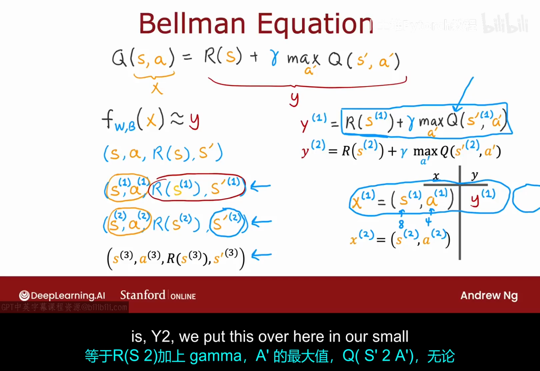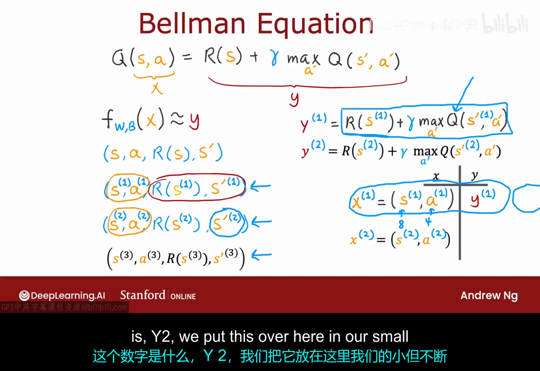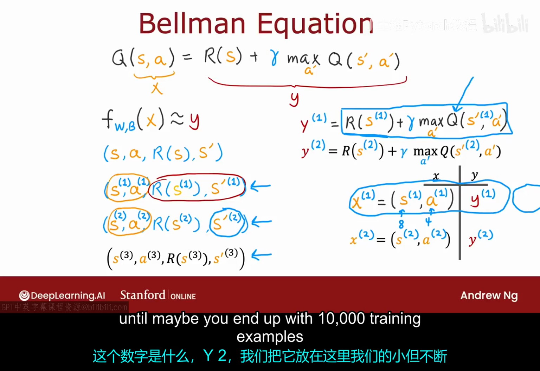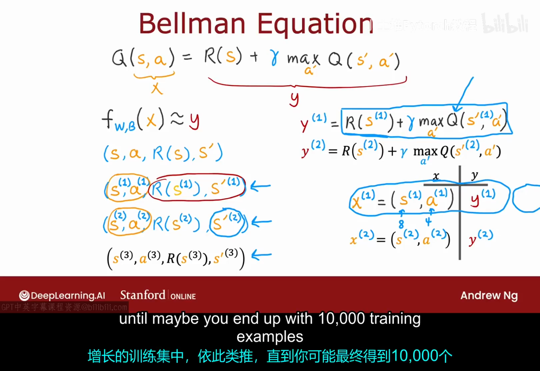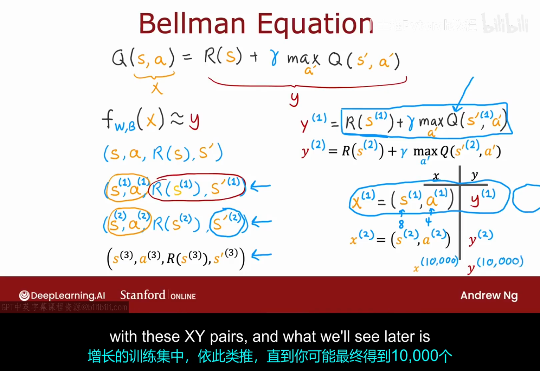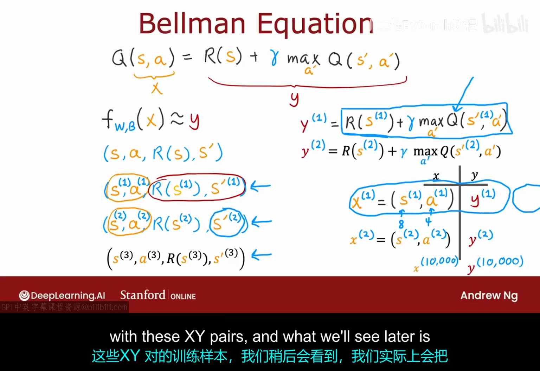And whatever this number is, Y2, we put this over here in our small but growing training set. And so on and so forth until maybe you end up with 10,000 training examples with these XY pairs.